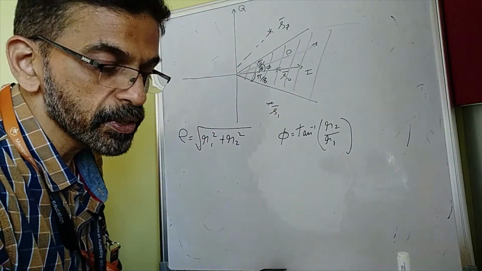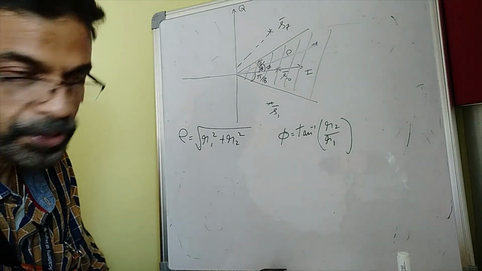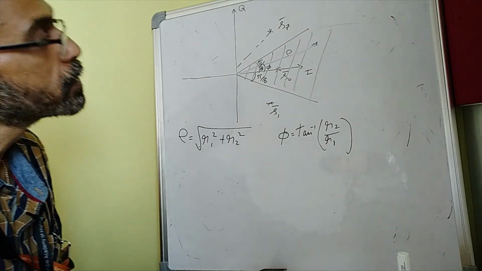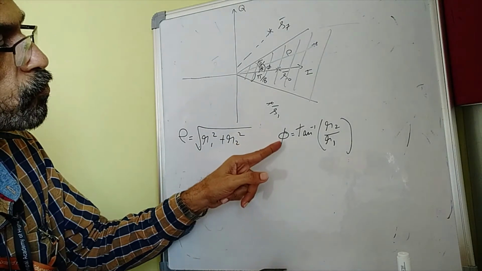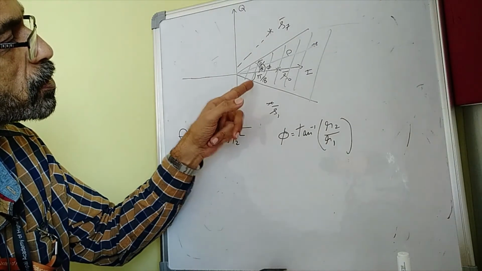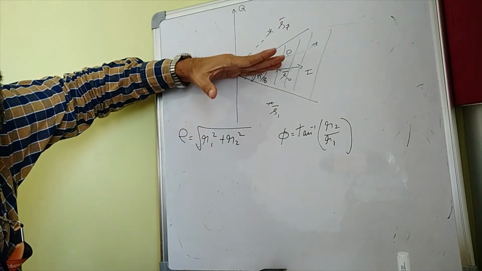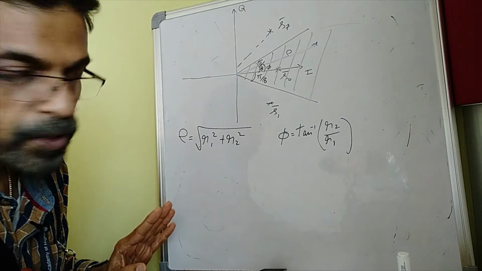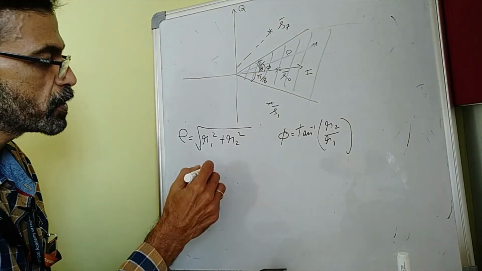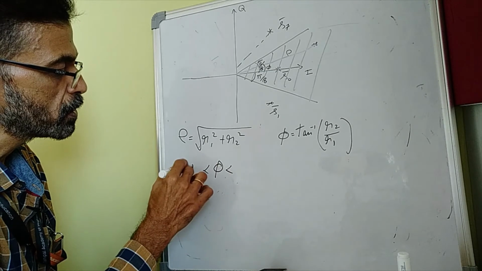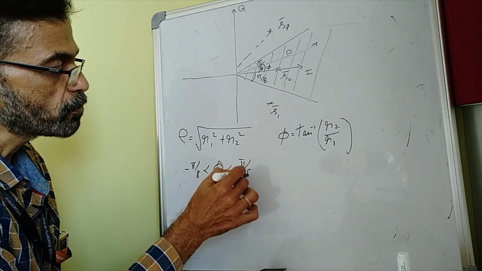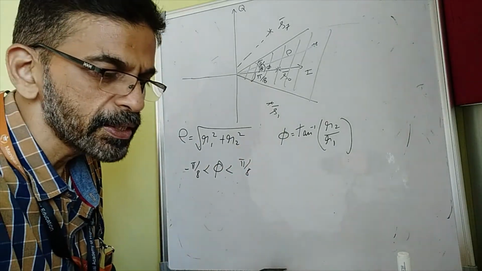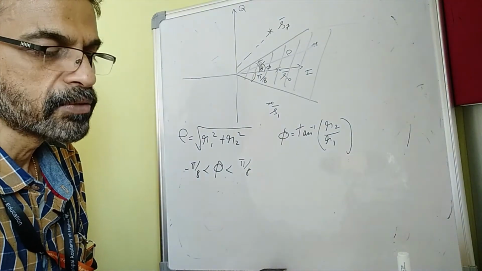So having transmitted the signal S0(t), we will detect it correctly provided phi is between minus pi by 8 and pi by 8. So this is 0, minus pi by 8, pi by 8.